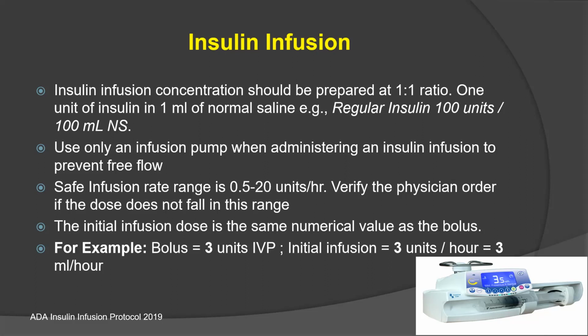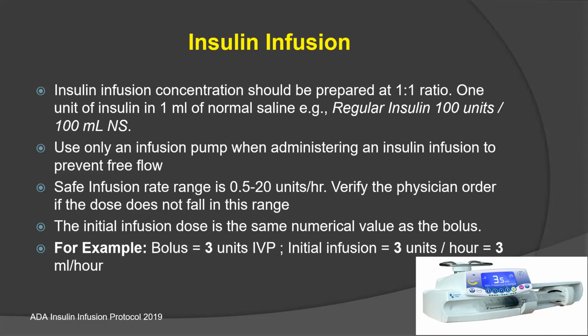See the tubing, see the connections, see what he or she is eating, any new drug added, because requiring more than 20 units per hour is a very high insulin resistance in that patient. You have to be very careful and conscious about why the patient is requiring such a high insulin dose.